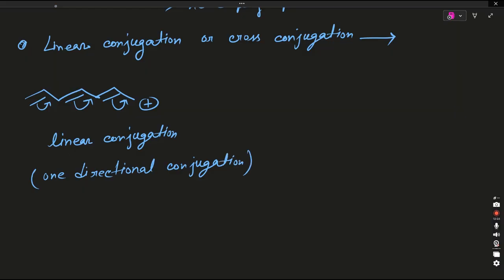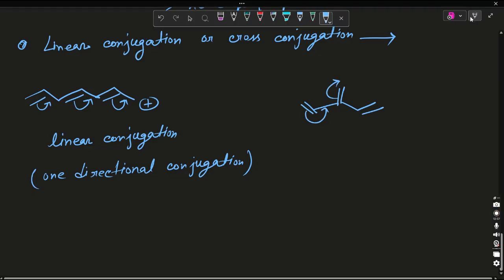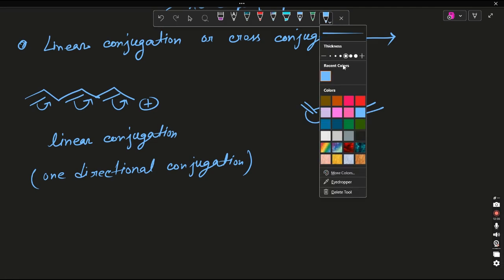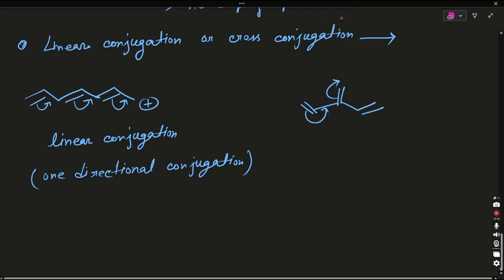Now let us take another example like this. Here we can see two types of conjugations are possible. One type is this, and the other type is this.